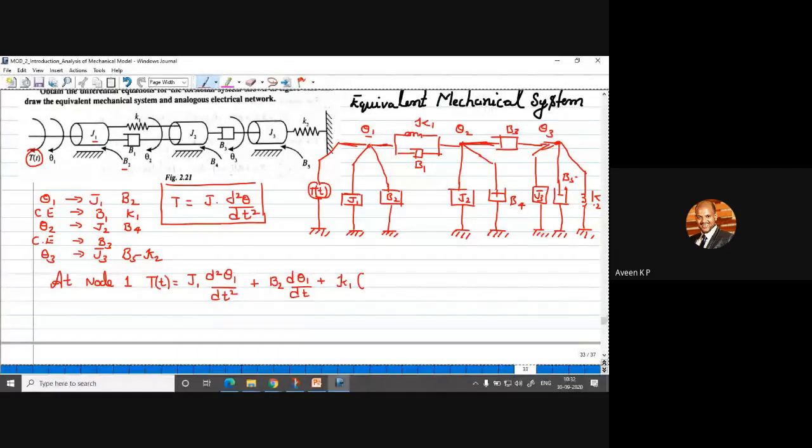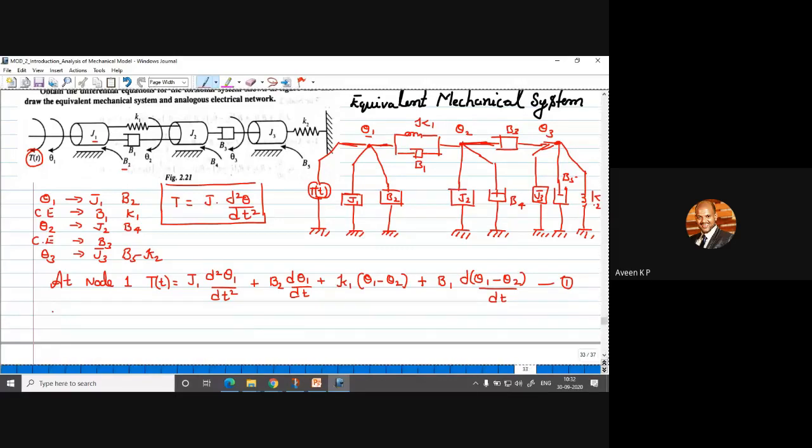Since we are considering node 1, it is theta 1 minus theta 2, plus B1 multiplied by the derivative of theta 1 minus theta 2 with respect to t. Okay, this represents equation 1, the equilibrium equation at node 1.